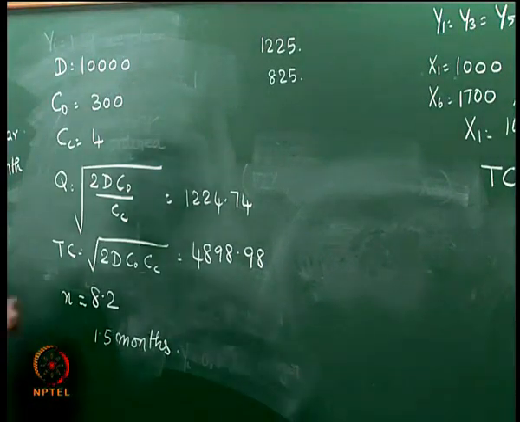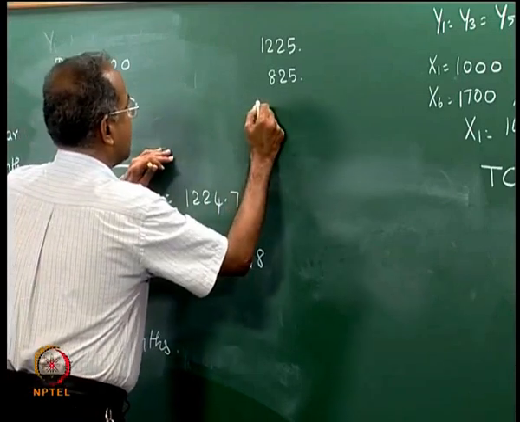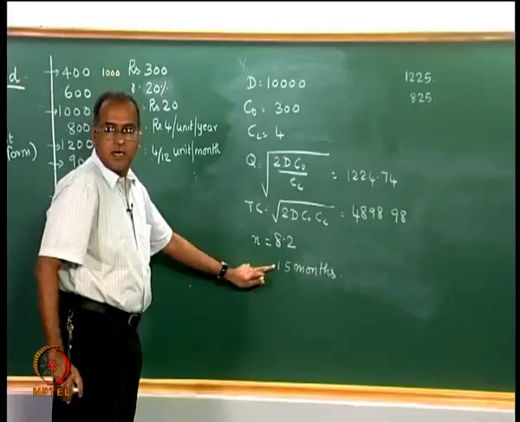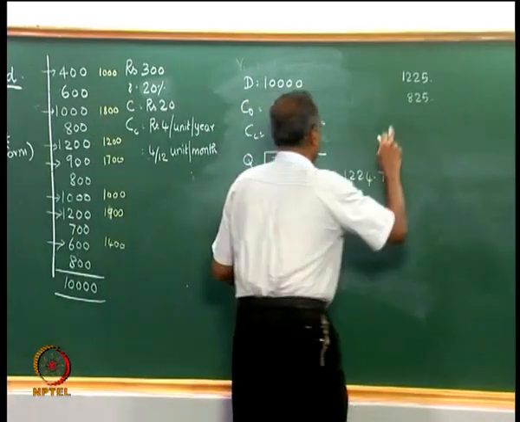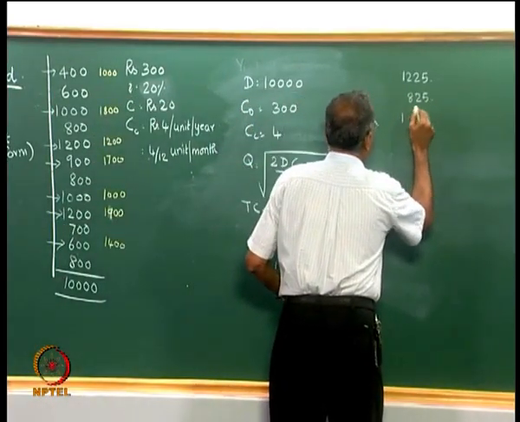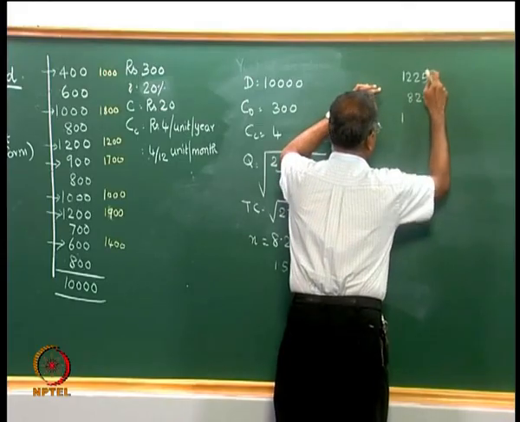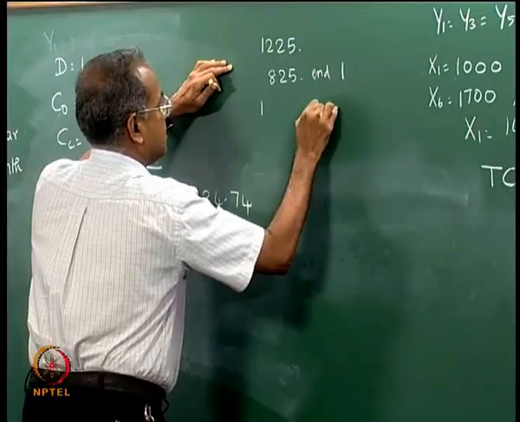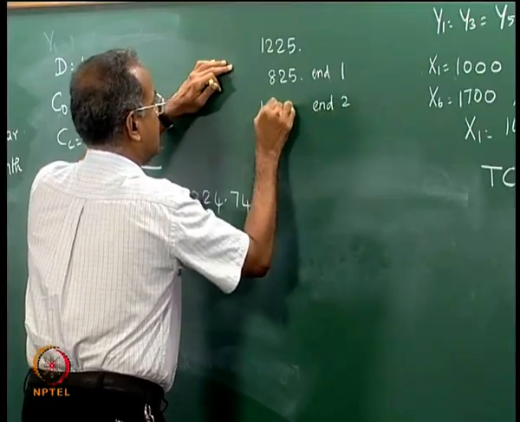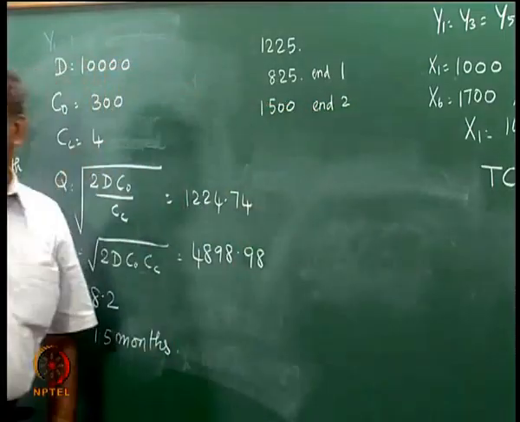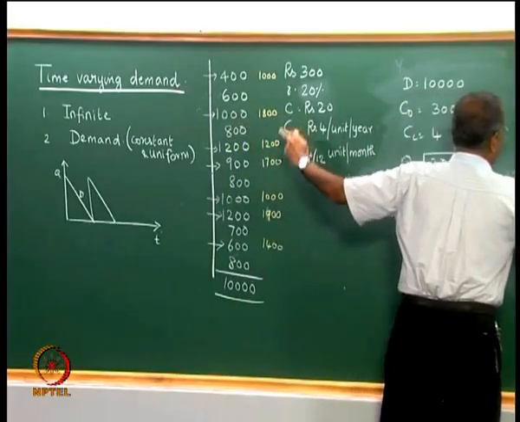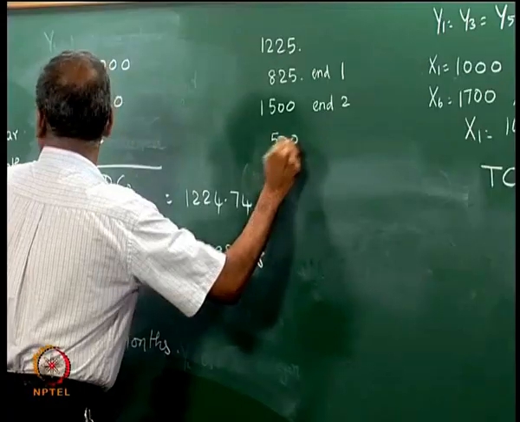So at the end of the second month we will have 1500, every 1.5 months we place an order. Now we meet this 1000 here, so we would have 500 at the end of this month.